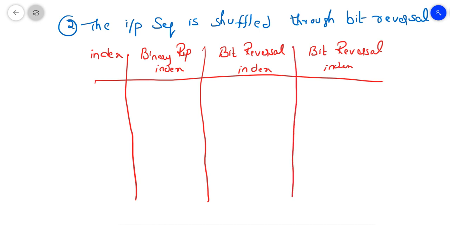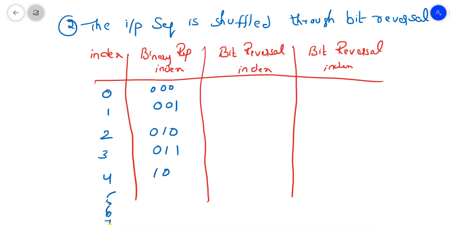The number of samples is 8, given by the indices 0, 1, 2, 3, 4, 5, 6, 7. The binary representation of these indices is 000, because 3 bits are enough since m is equal to 3, then 001, 010, 011, 100, 101, 110, 111.